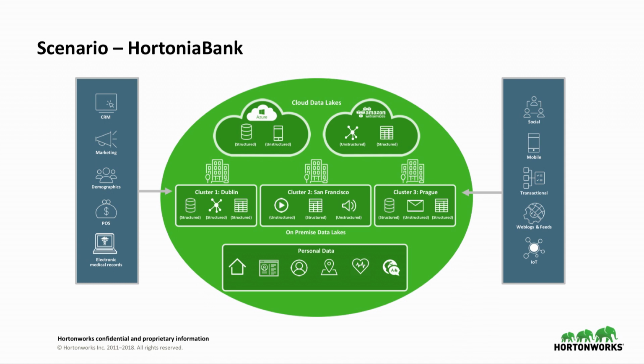And then on the right, you have different channels through which customer data and even employee data is coming into these data lakes. And all of this, again, the problem is, where is all this personal data? There's all kinds of information here around your national identities, your addresses, your phone numbers, your medical information, even your cultural identifiers, which all now need to be protected properly because of GDPR. So there's a whole mix of sensitive data strewn around in all of these clusters. And how do you find this? How do you understand this?